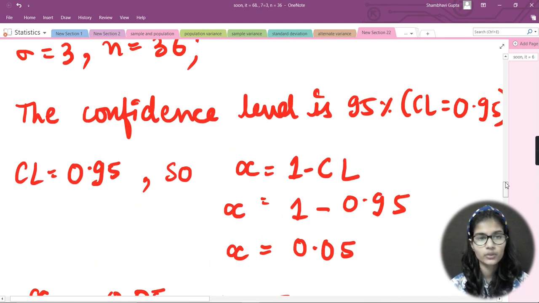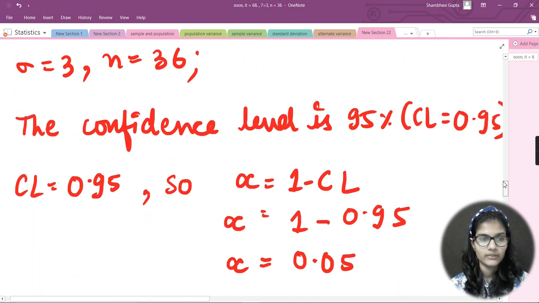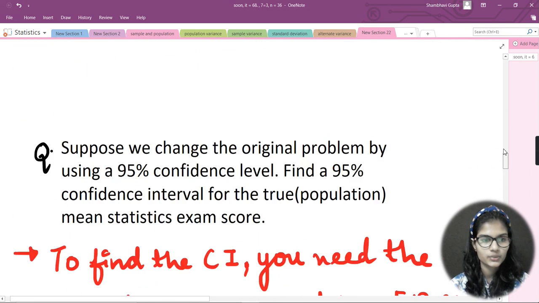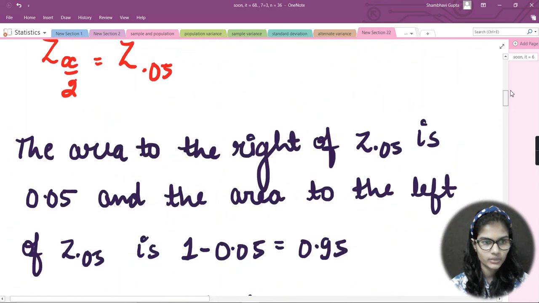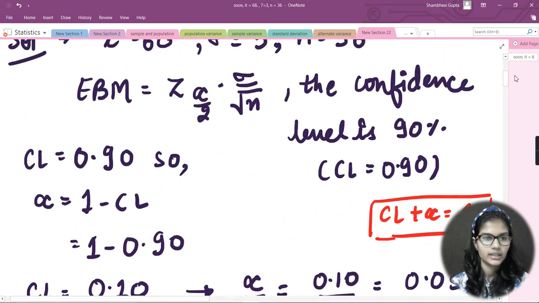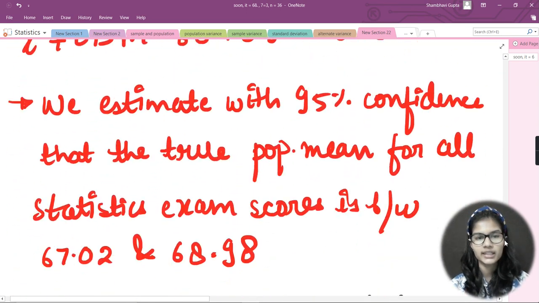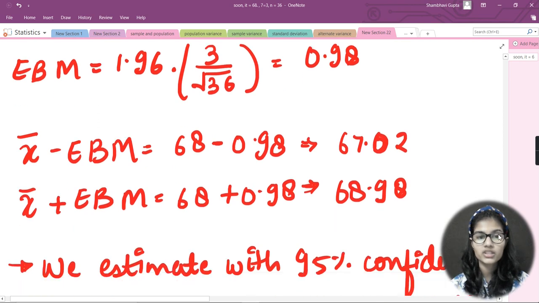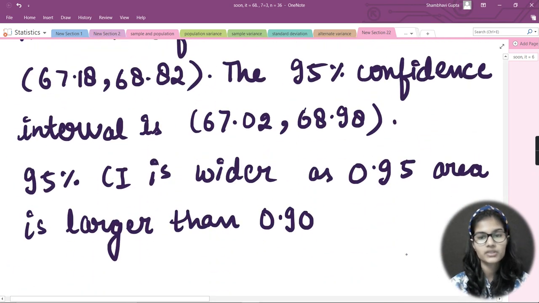Here we had used that, 0.95, and here also, and in the previous one, it was here. So this is basically how you can find out the difference between the 90% confidence and the 95% confidence. From here you can say that the 95% confidence interval is wider because it has a larger area than the 90% confidence interval.